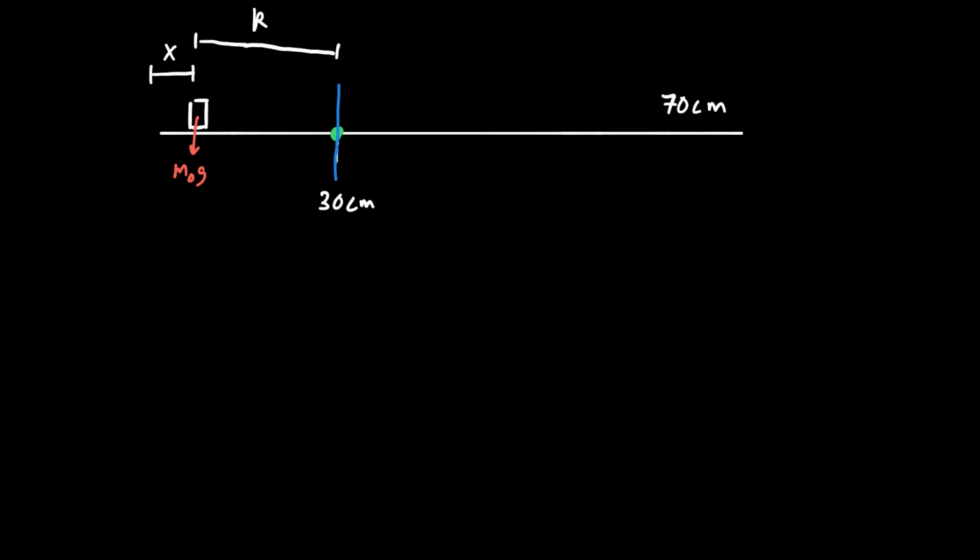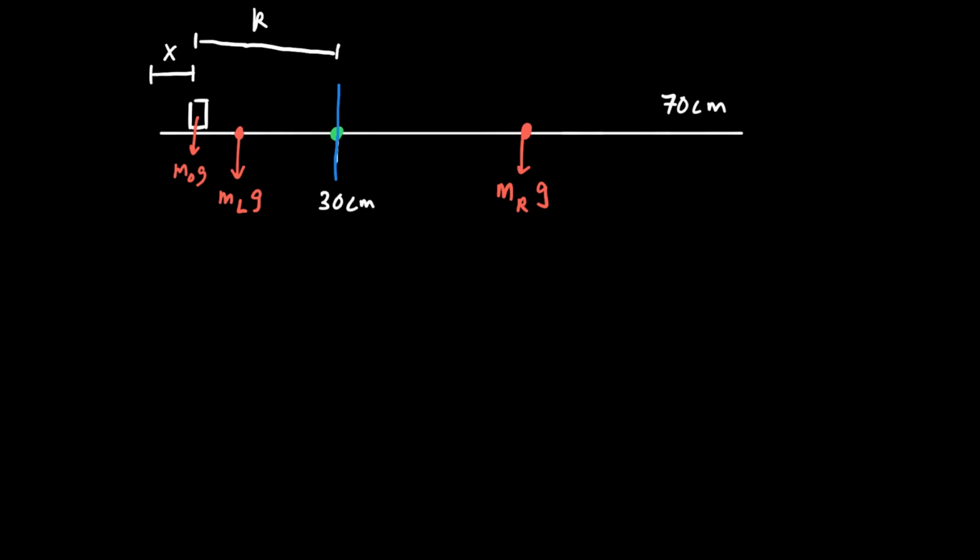And so what I'm going to say instead is that at the center of this piece on the right, that section of the meter stick has its own little center of mass, which is, let's say, the mass of the right side times g. And on the left-hand side, the center of mass of that little section of the meter stick has its own little mass, and we could call that ml for the mass of the left side times g.